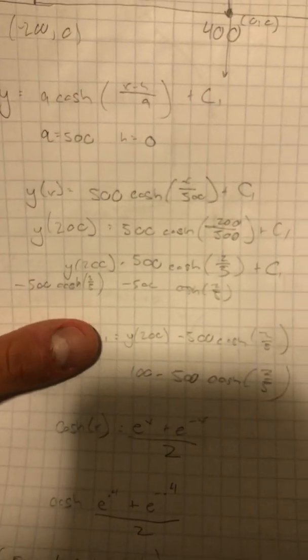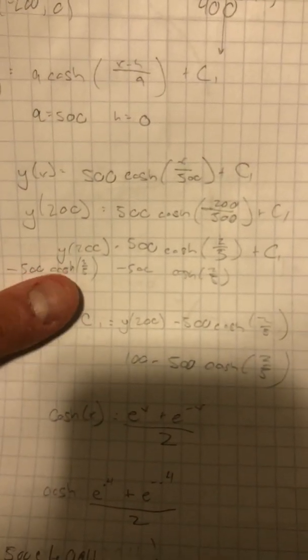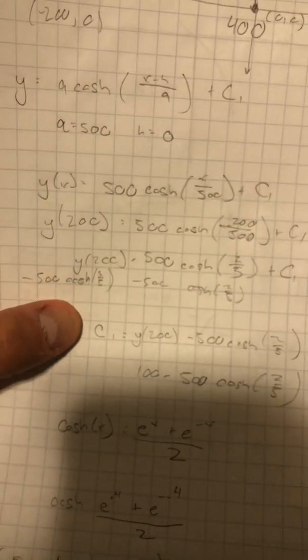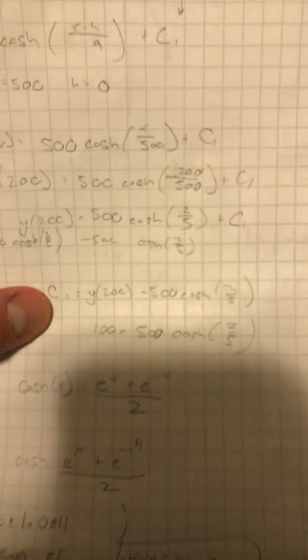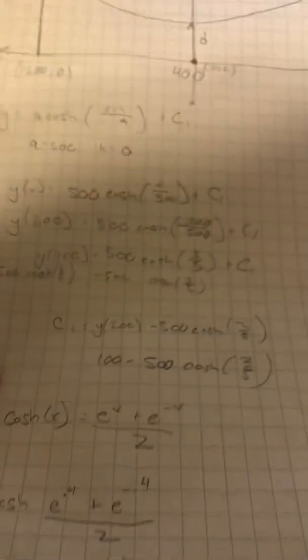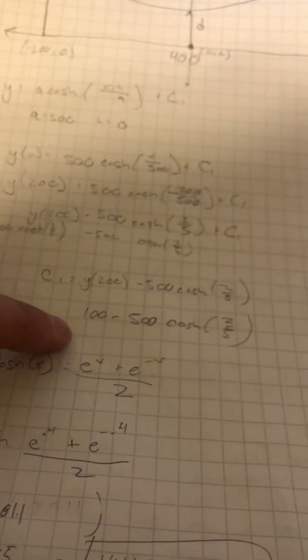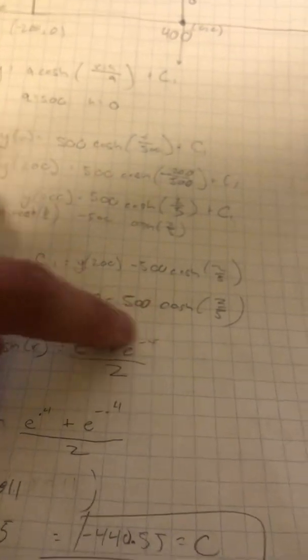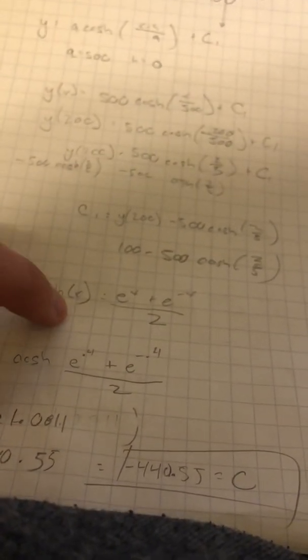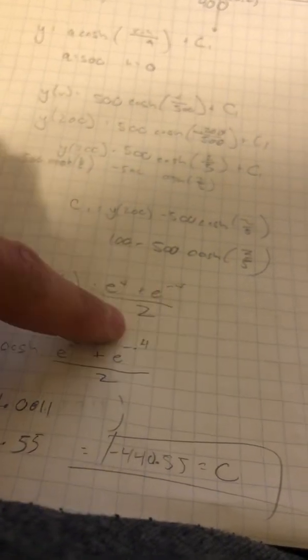And then you subtract 500 cosh of 2 over 5 from both sides. What you end up with is c equals y of 200 minus 500 cosh of 2 over 5. We already talked about how y of 200 is just 100. And so we get 100 minus 500 cosh of 2 over 5. Now we know that cosh of x is e to the x plus e to the negative x over 2.